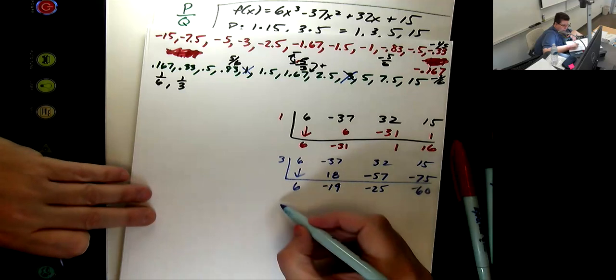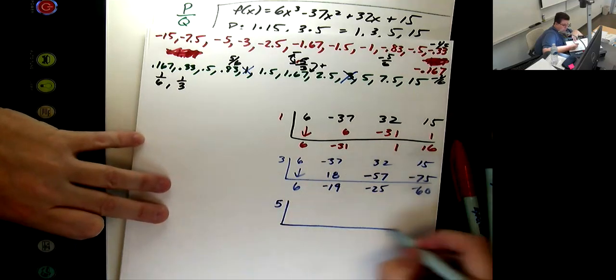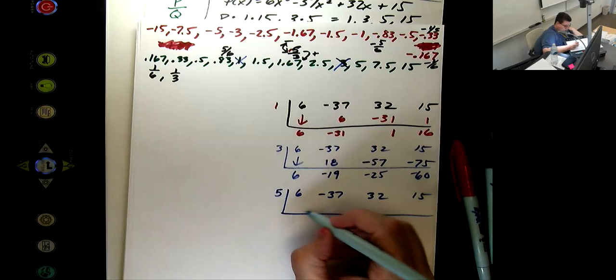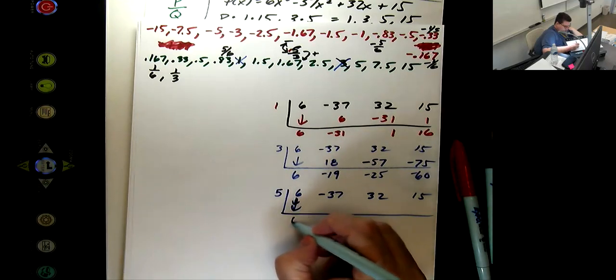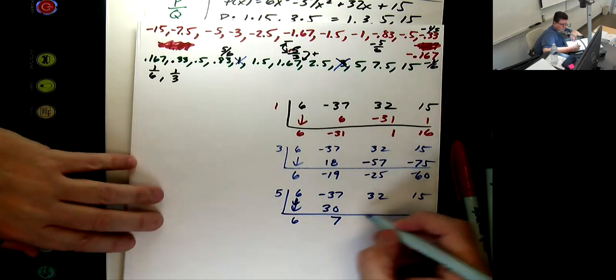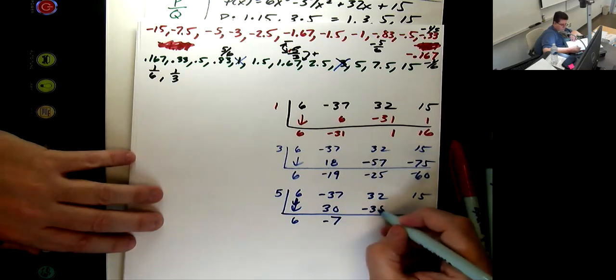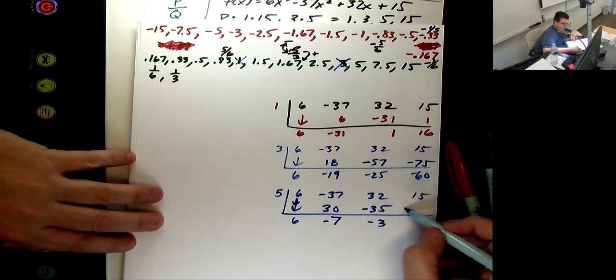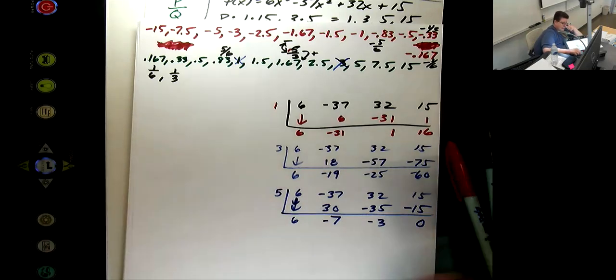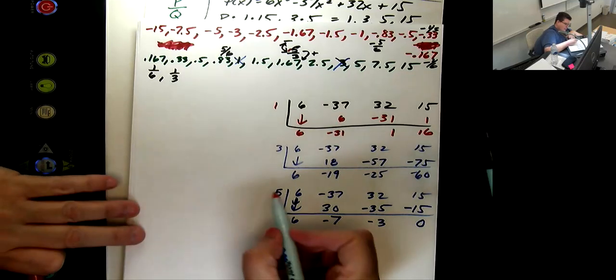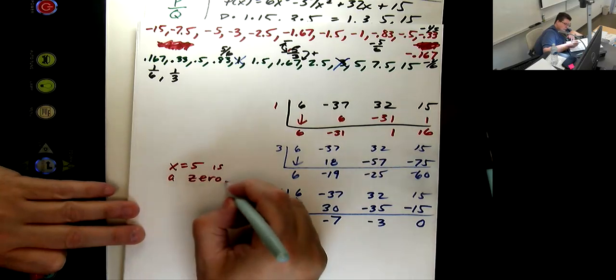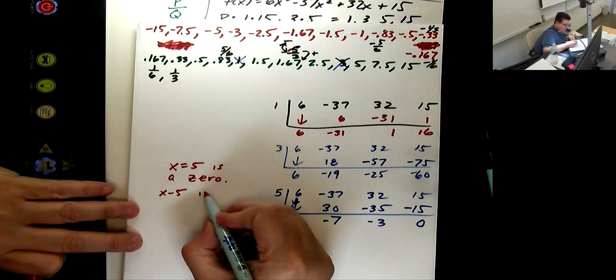I'll try a 5. Five worked. So x equals 5 is a 0, which means x minus 5 is a factor.